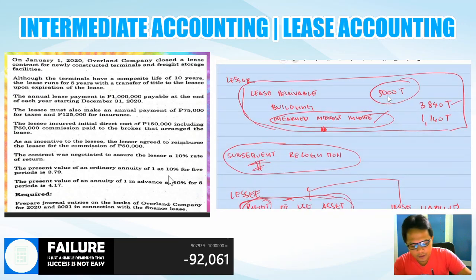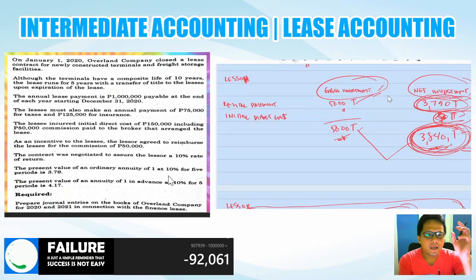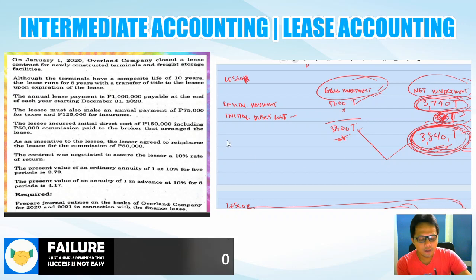Ito, how we came up with this entry. The interest income, which supposedly is computed using the implicit rate of 10%, is affected by the initial direct cost of 50,000.